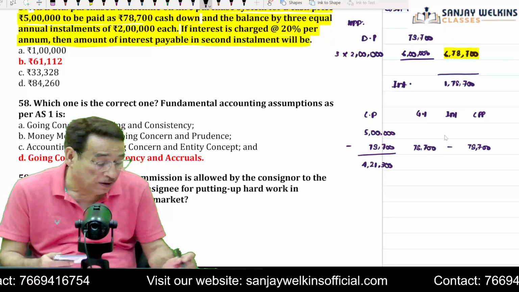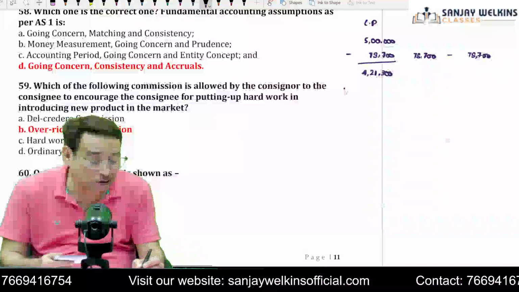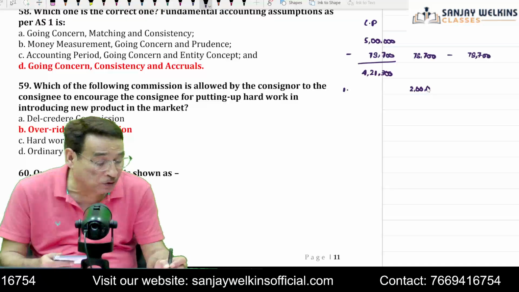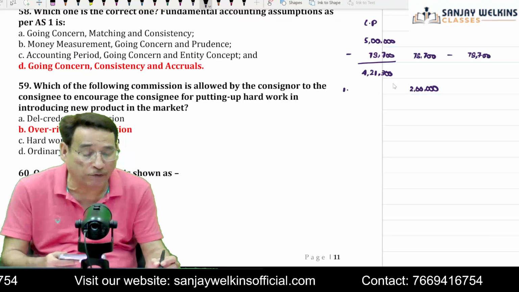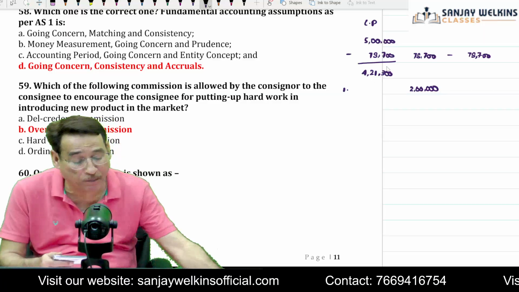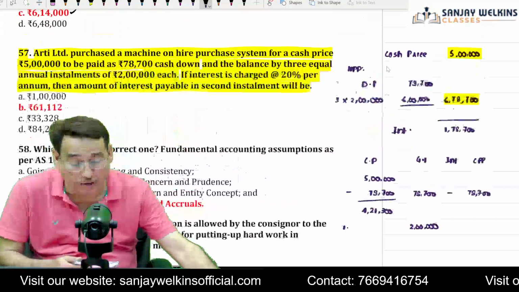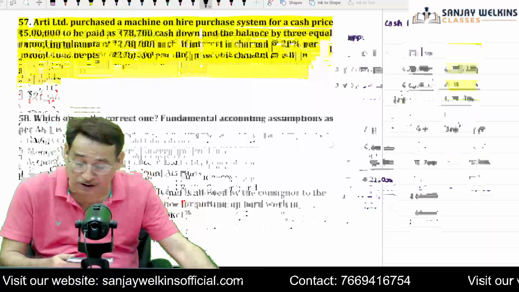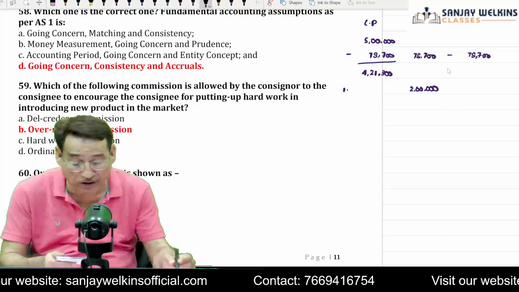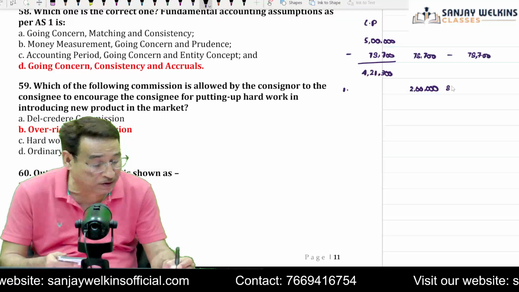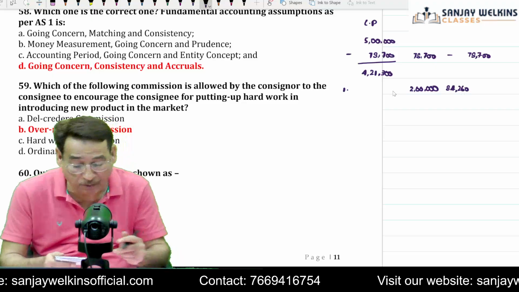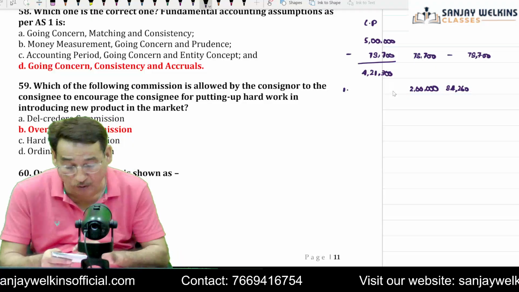Correct? Now we come over to the first installment. The first installment is 2 lakh. Now, what is the amount of interest included in this installment? For that, I will have to compute 20% of 4,21,300. 20% is the rate of interest, so that comes to 84,260. Now I will subtract 84,260 from 2 lakh.